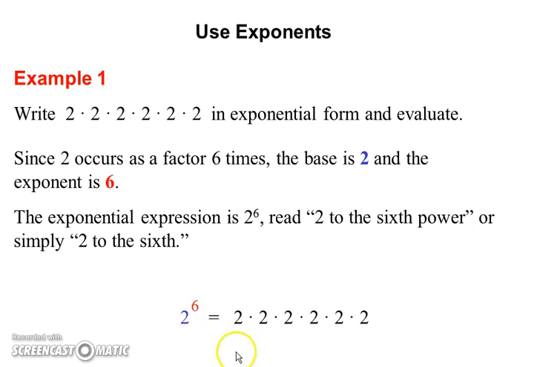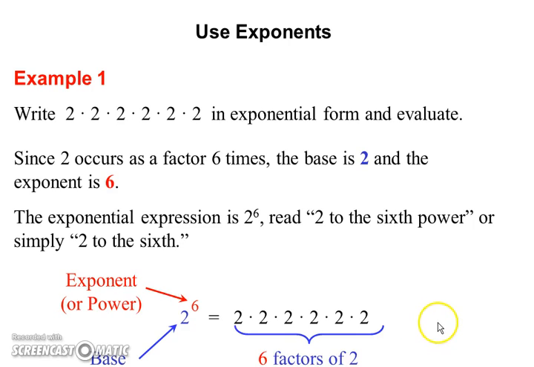So 2 to the 6th power equals 2 times 2 times 2 times 2 times 2 times 2. It's just another way of writing something in a quicker manner. 2 is the base and 6 is the power, and we have 6 factors of 2 in the expression. When we evaluate it, we get 64.